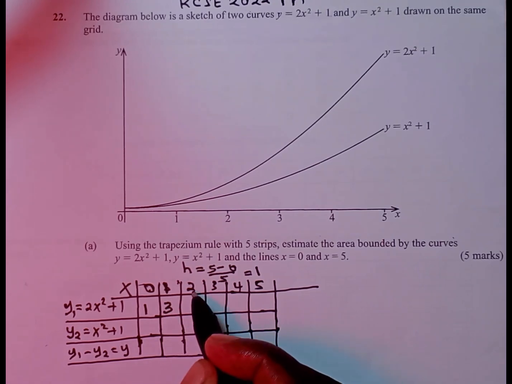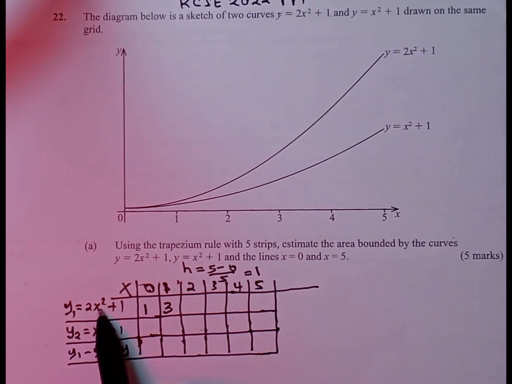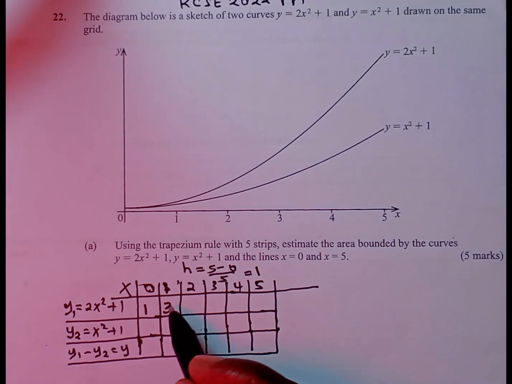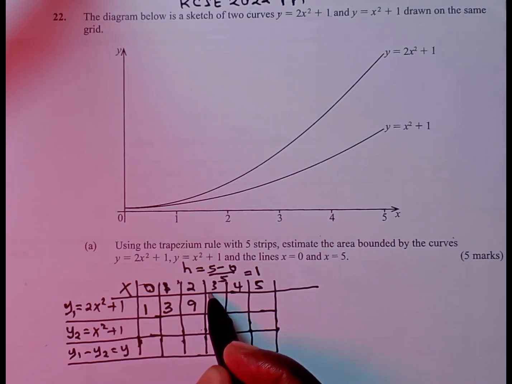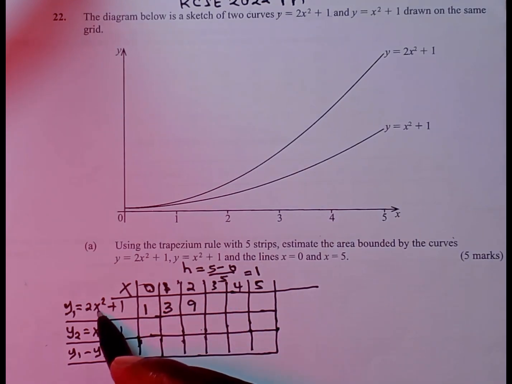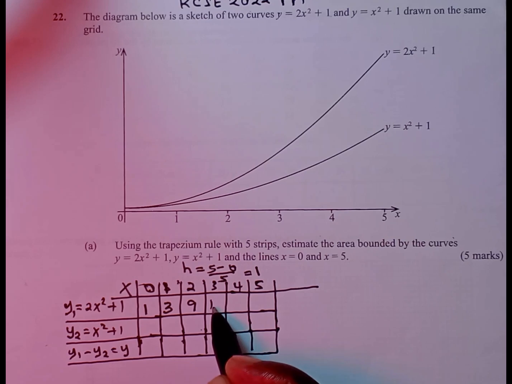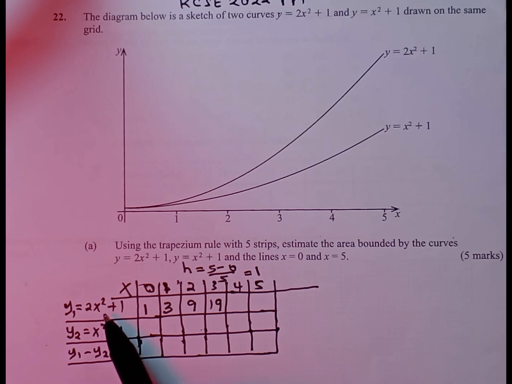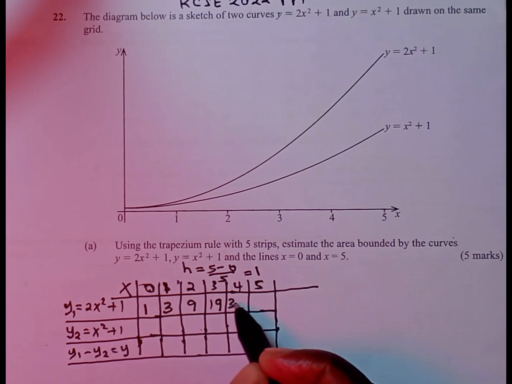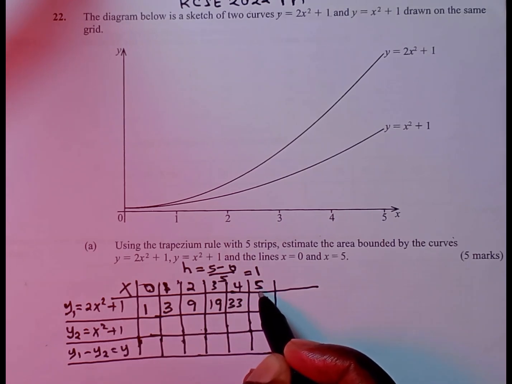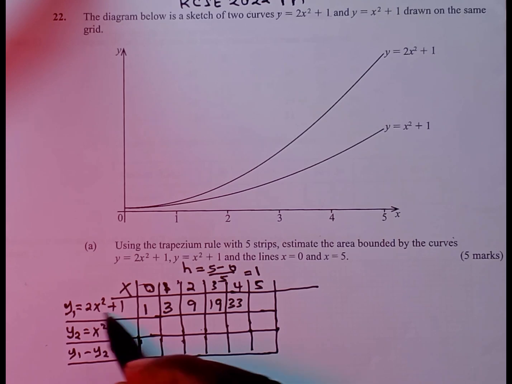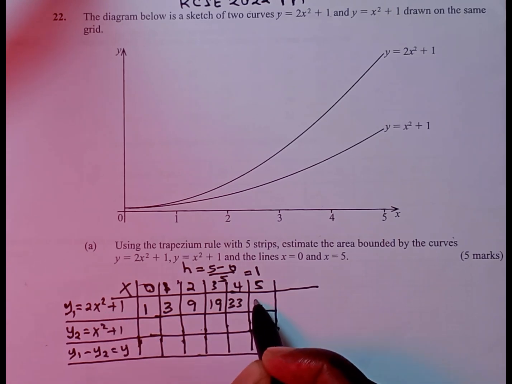Then when x is 2, when you substitute back, you get 9. When x is 3, that gives 3 squared, which is 9, times 2, which is 18, plus 1, you get 19. When x is 4, you substitute it here, it gives you 33. And when x is 5, you substitute it here, it gives us 51.